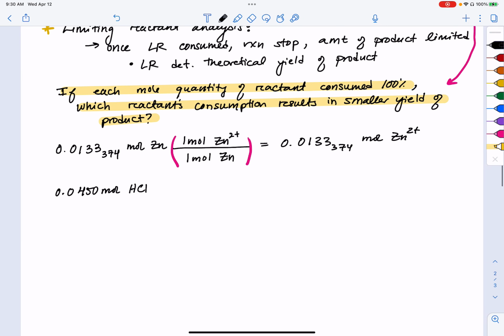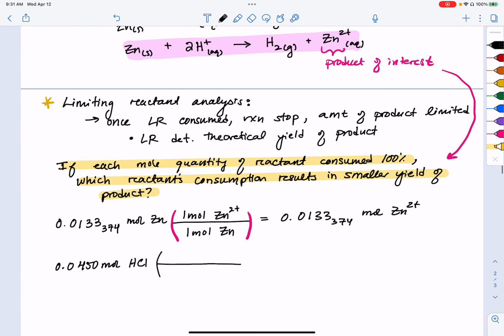All right, let's see here. Let's do the same kind of analysis for hydrochloric acid. Now, we have to be a little bit careful here because we are doing our limiting reactant analysis based on our net ionic equation. So notice this is HCl.